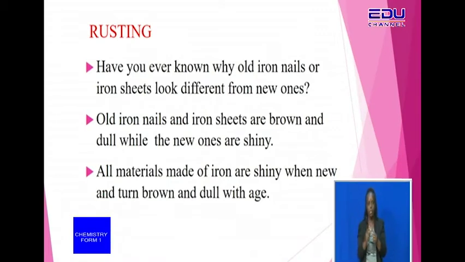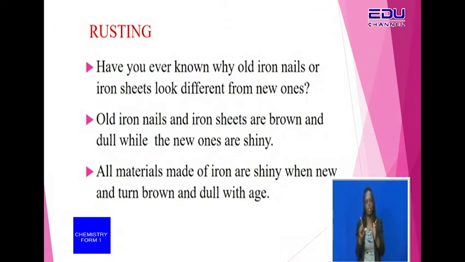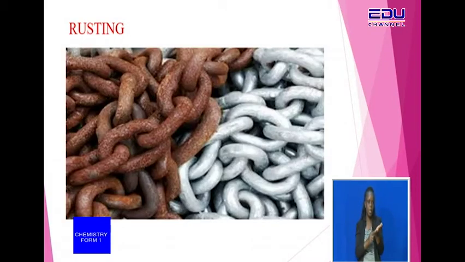Old iron nails and iron sheets are brown and dull, and when they are new, they look shiny. The reason is rusting.